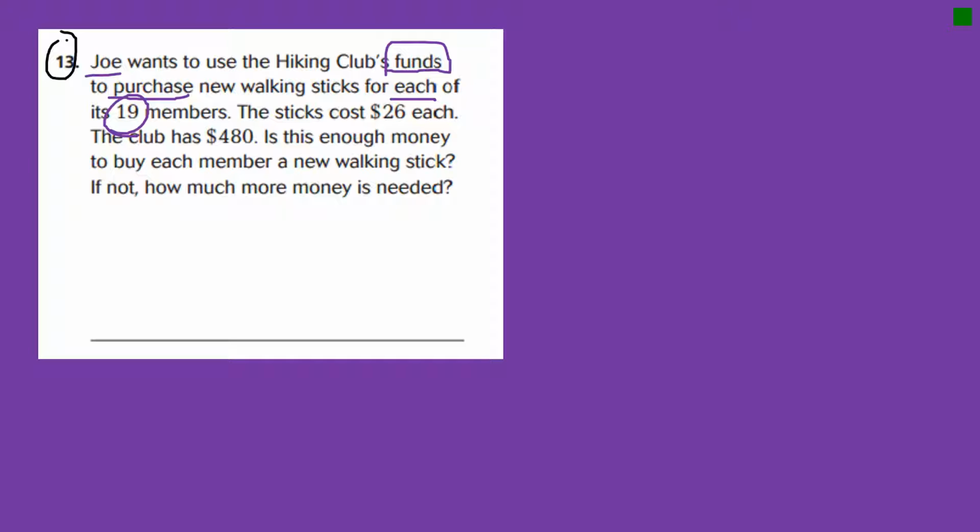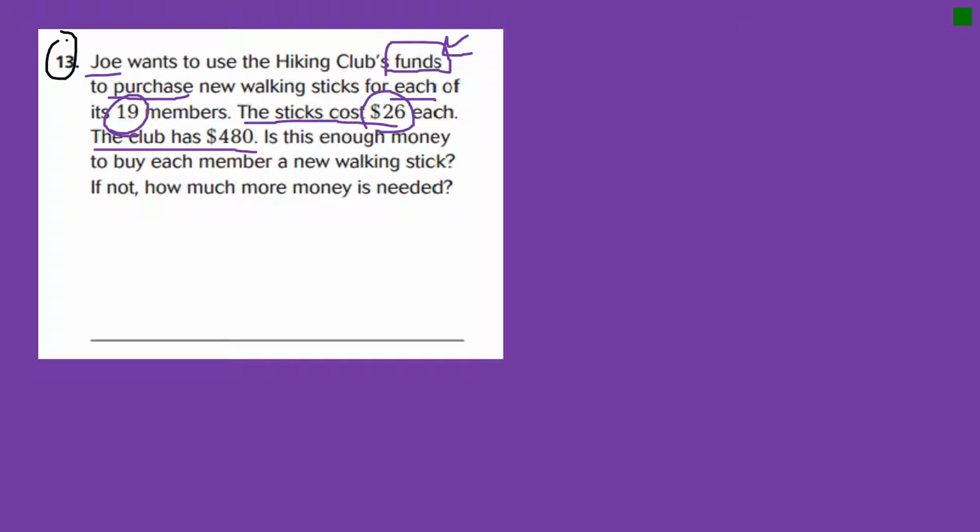So Joe wants to buy 19 walking sticks, one for each person. Okay, got that. The sticks cost $26 each. So we know there are 19 people. Each stick costs $26. And then the club has $480. So those are the club's funds. That's how much money Joe has to spend.